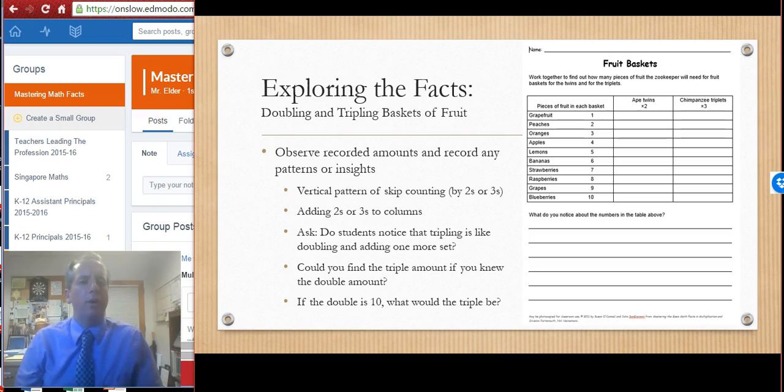And especially early on, a nice challenge is if I gave you a number and said, this is double the original amount, could you find the triple? So if I said that double something is 10, what's the triple? And you can really start to see that this is algebraic thinking. If 2 times a number is this, what is 3 times that same number?